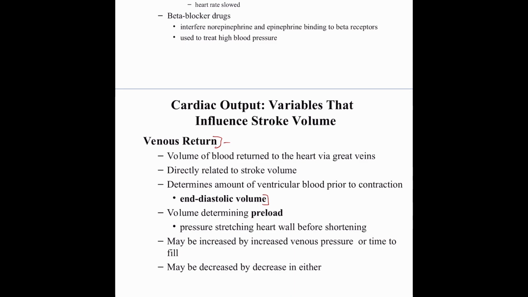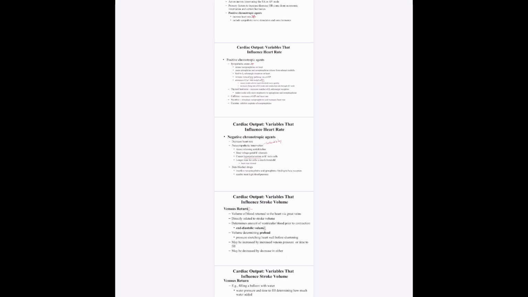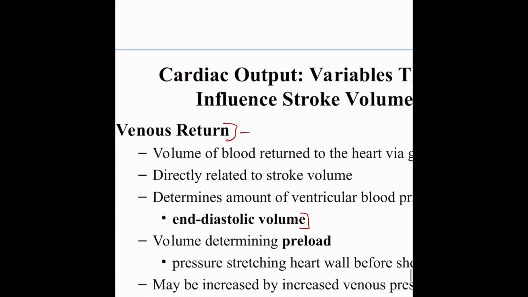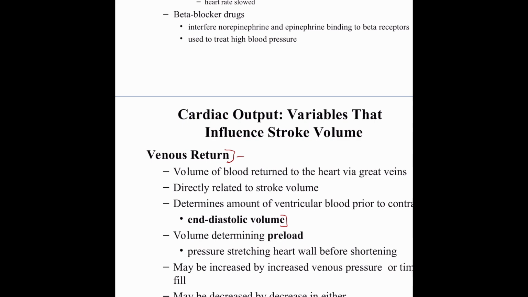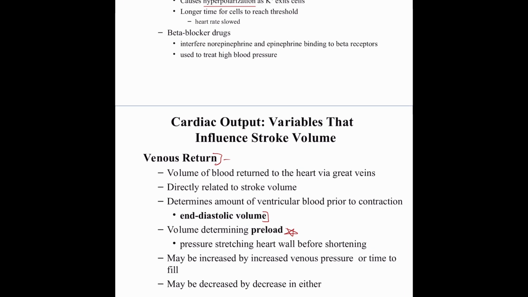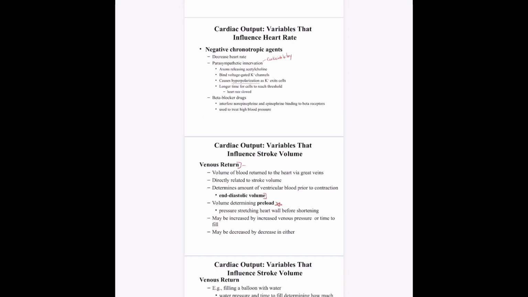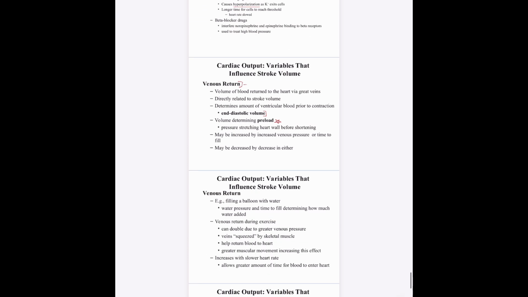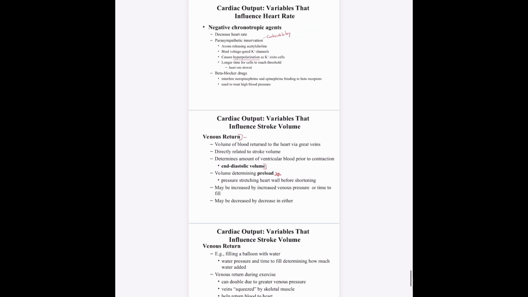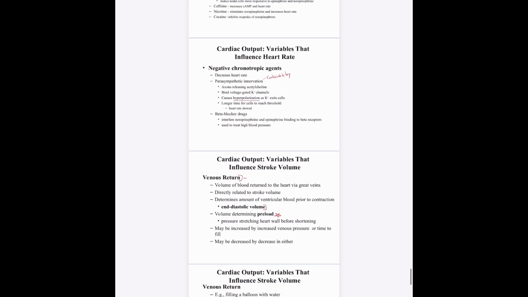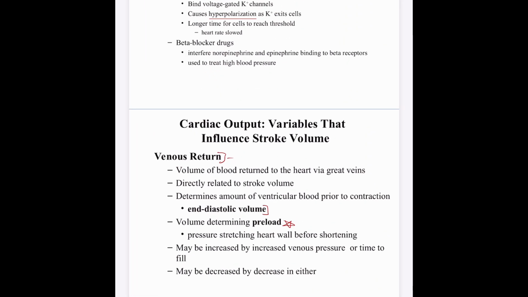Venous return is just blood return to the heart by the veins. And if you saw in the last image, or one of the last images here, we have extra blood in the ventricles. ESV is end systolic volume, and where's EDV?